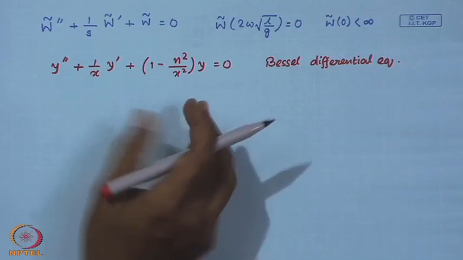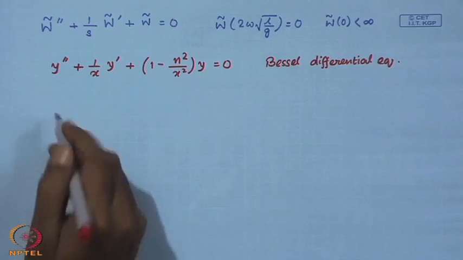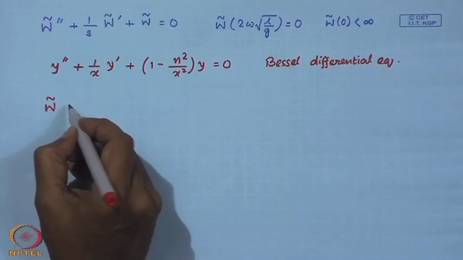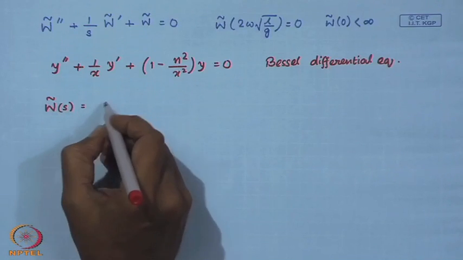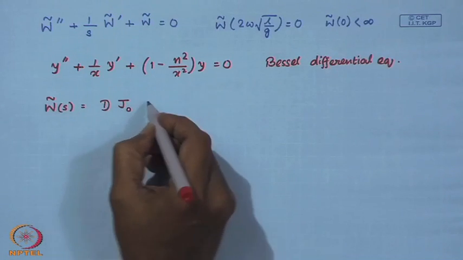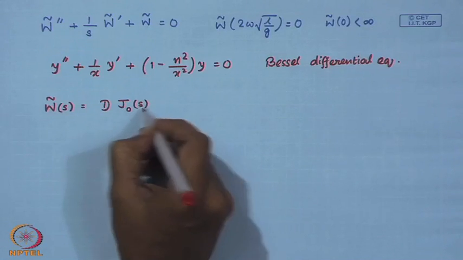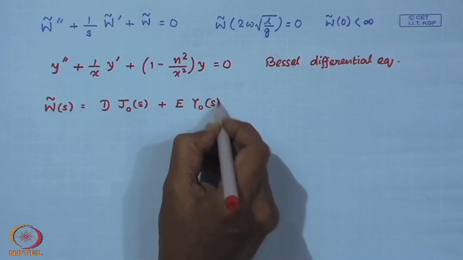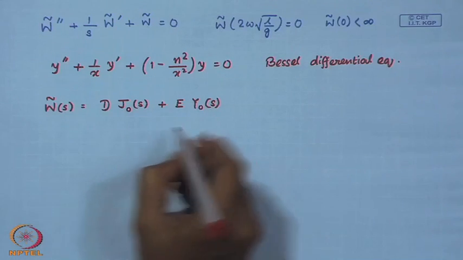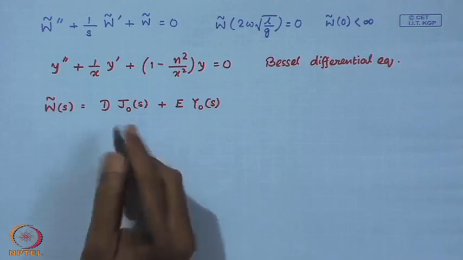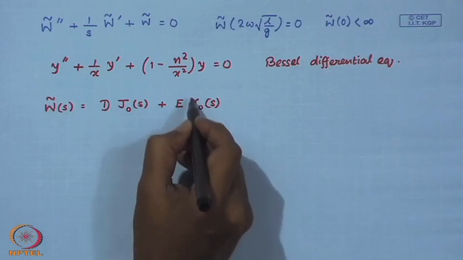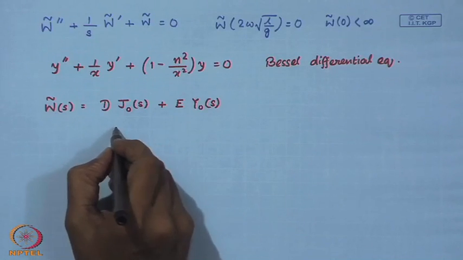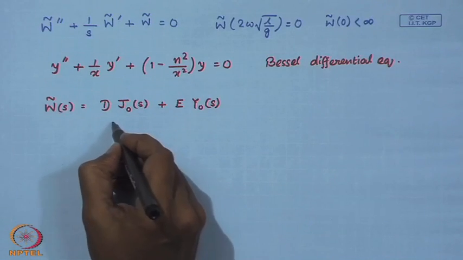The solution of the Bessel differential equation with n equal to 0, which is the solution for our w tilde, where J0 and Y0 are known as the 0th order Bessel functions of the first and second kinds respectively.